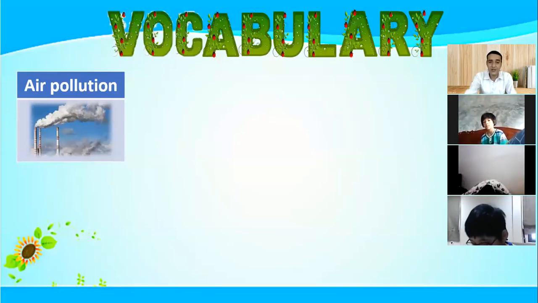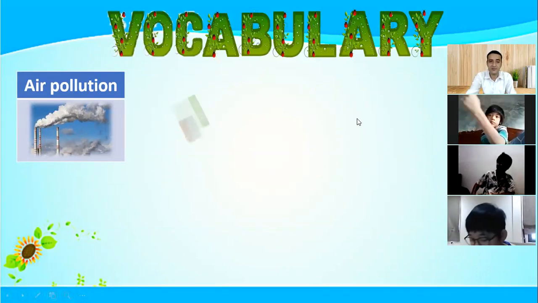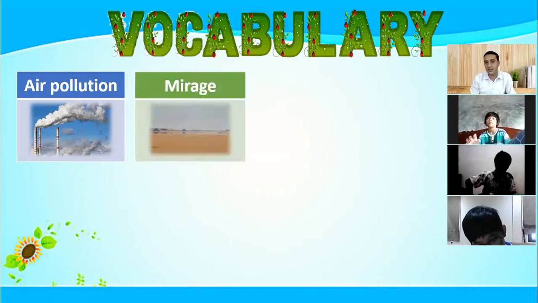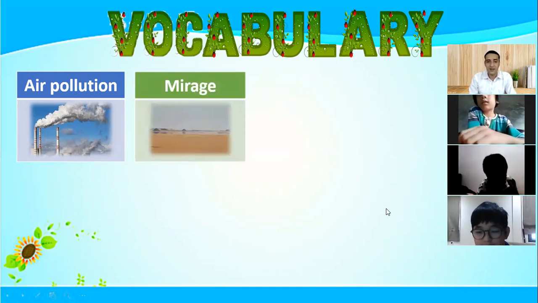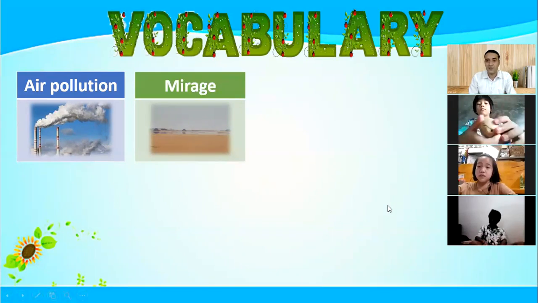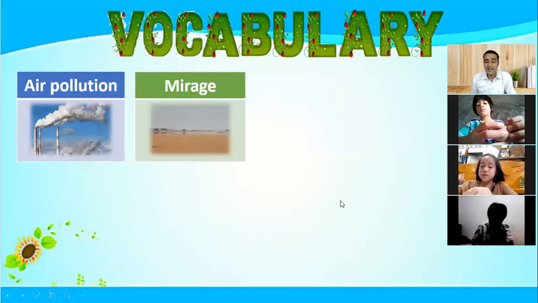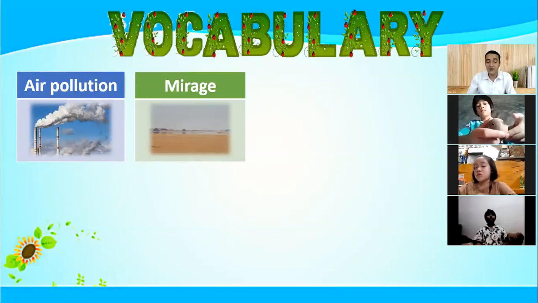Now, the next word in our vocabulary is mirage. Mirage. So, what is a mirage? A mirage is an image produced by very hot air of something that seems to be far away, but actually it doesn't exist.